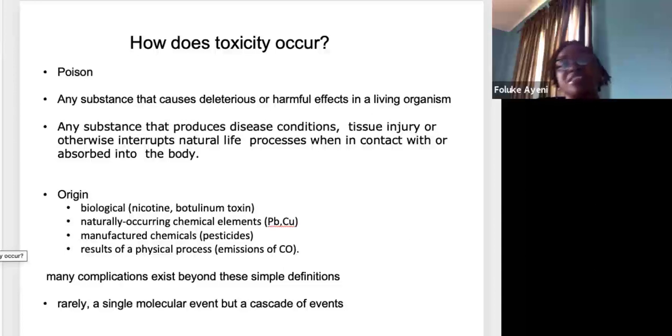It could be a disease state that will be produced or caused. It could be a tissue injury. It could be other interruptions to normal natural life processes that would occur when living organisms are in contact with these toxins.